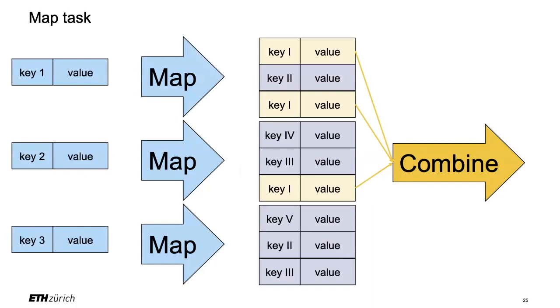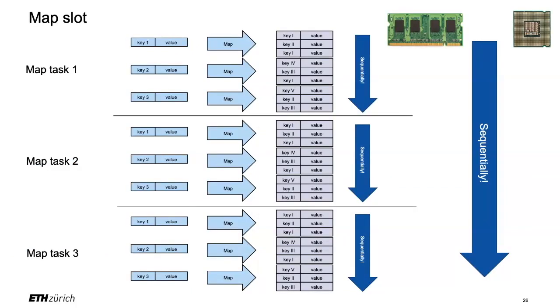All right, now, this is just the illustration. The combine function is really used at the end of or during a map task to compress the output of the map task. That's what it's used for. Now let's go one more level. I'm going to talk about the slots now, the map slots, the reduce slots, and so on. What is a slot?